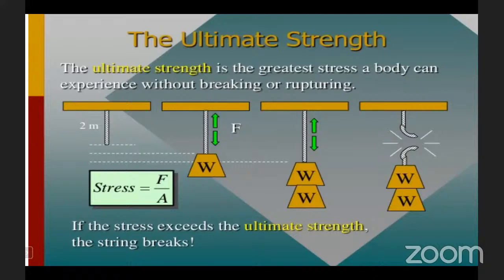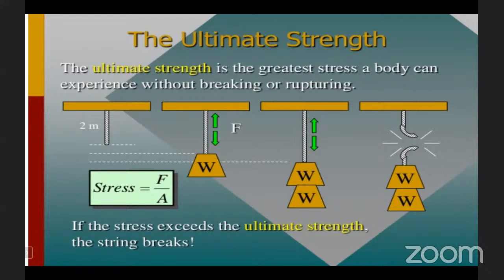See here, the same diagrams. We visualize four diagrams. First, a 2 meter wire or rod hangs with some weight W, and there is some elongation of the wire. Again apply more weight, and there is a larger elongation of the wire. Then apply more weight. What happened? The string is breaking.